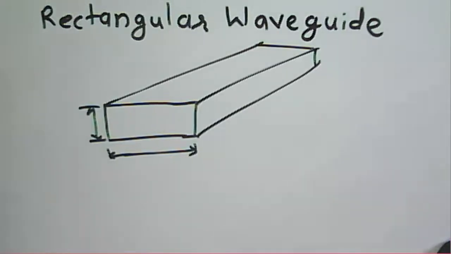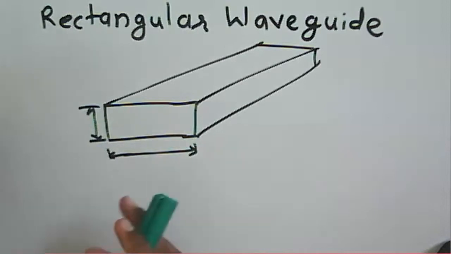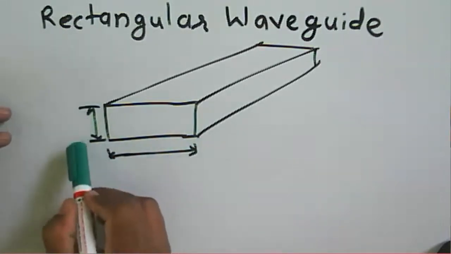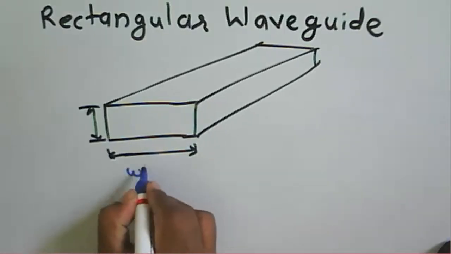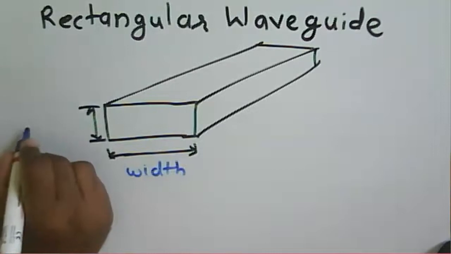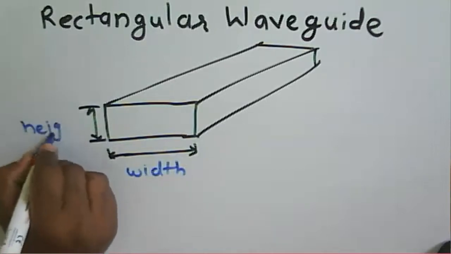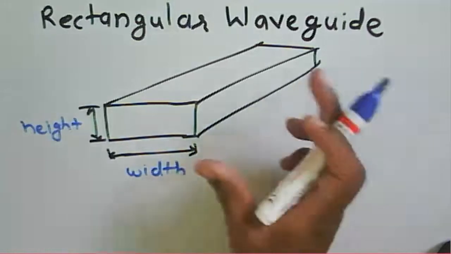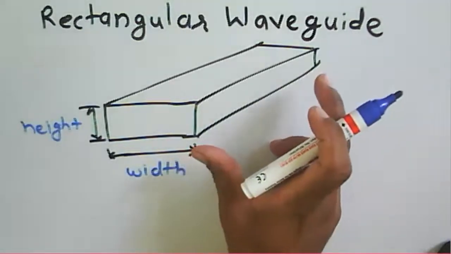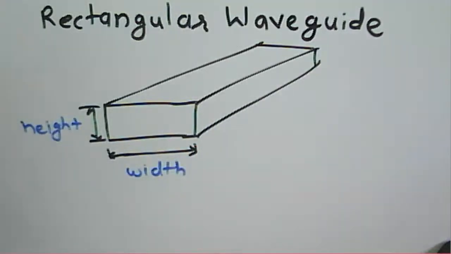Now generally, if you see a rectangular waveguide, this is the width, everyone knows that, and this one is the height of the waveguide, and this one is the length, which doesn't matter; length depends on the application in which we are using this rectangular waveguide.